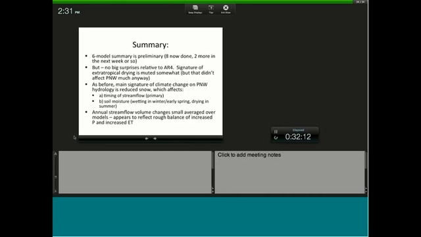And then the annual streamflow volume changes so far are generally smaller, relatively small, and I interpret that as being the fact of increased evaporative demand is more or less being balanced by increased precipitation, and there's a bunch of timing issues all sort of mixed in there. So I'll stop there.